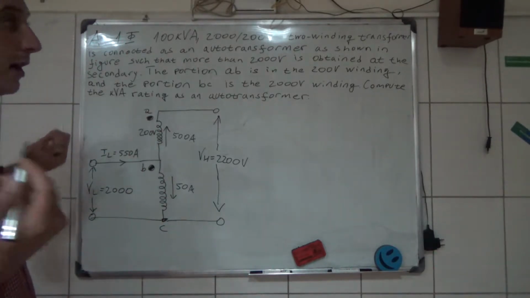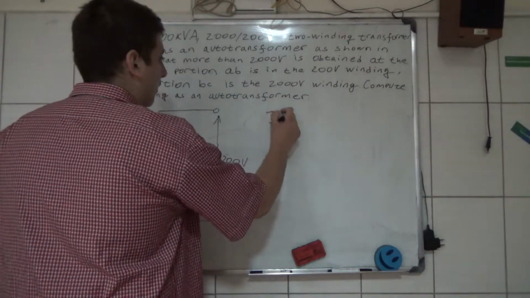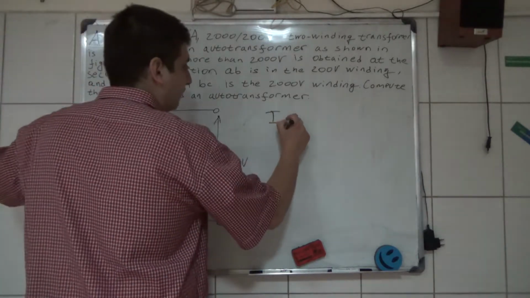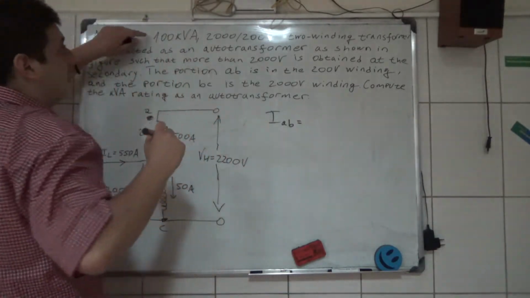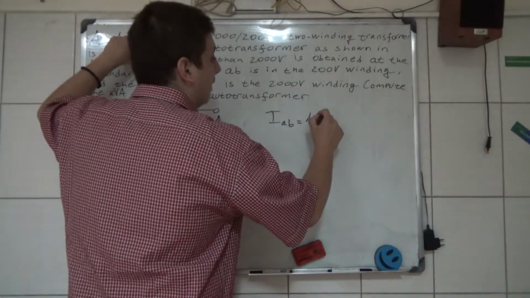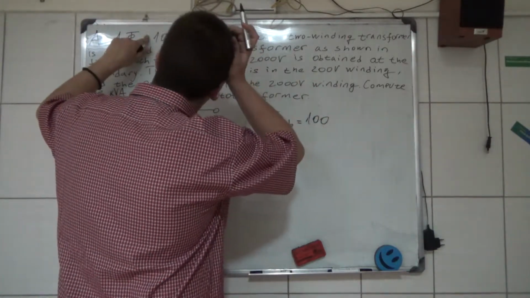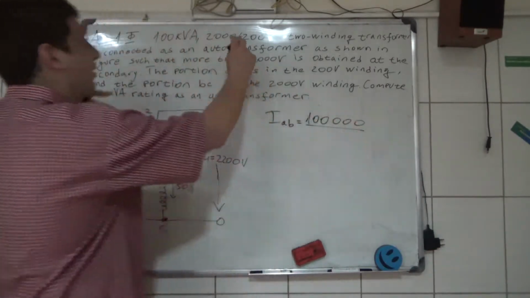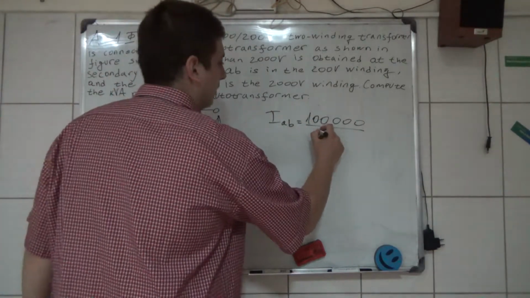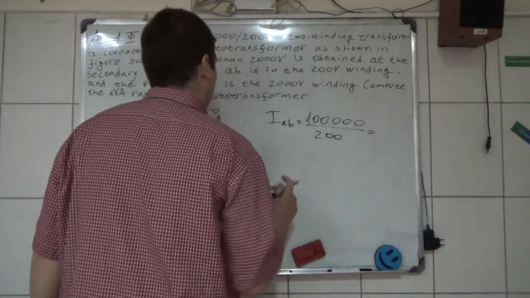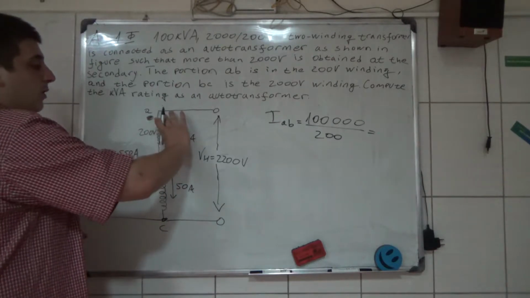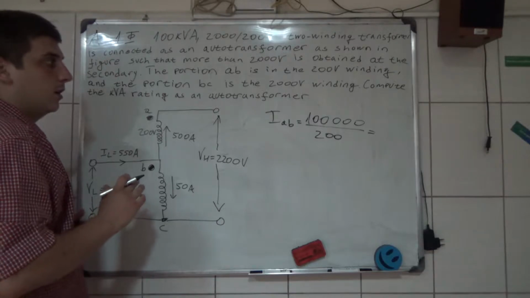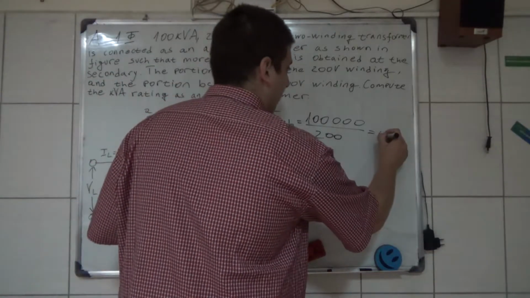Well, it is easy to calculate. The current from A to B is equal to the power, that is 100,000 volt amperes, divided by the voltage, that is 200 volts on the low 200 volt side, and this is 500 amperes.